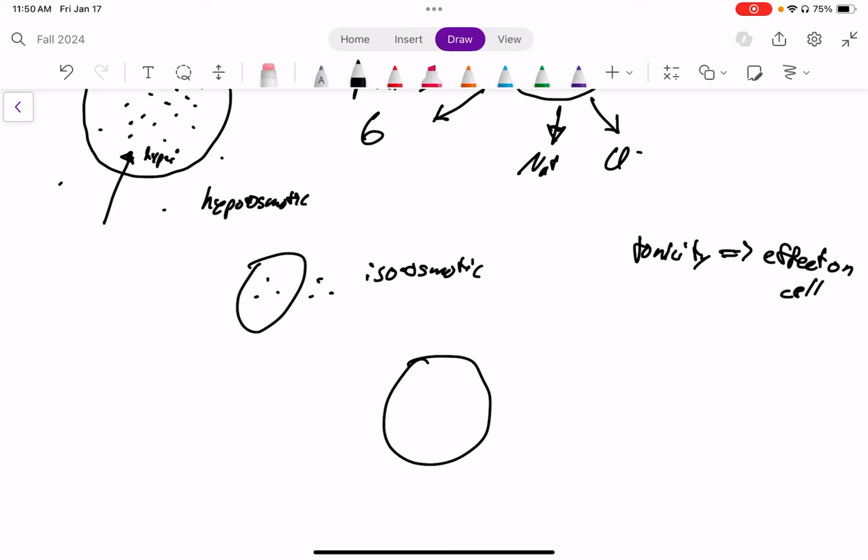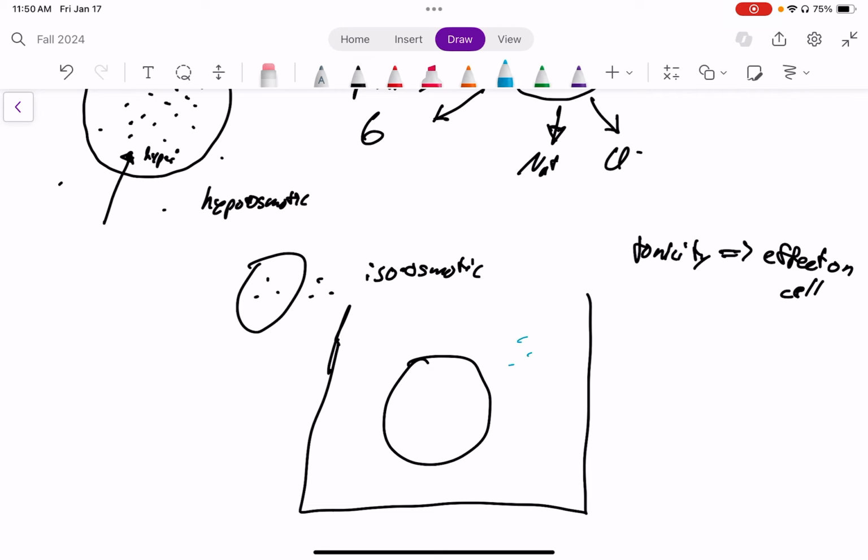For example, say we have a cell right here, and it's in solution, and there is a lot of glucose here. And then there's also a few other sodium particles here. Sodium is non-permeable, which means that it can't move. Glucose is permeable, though. So what happens is the glucose out here, because there's more outside than inside, will want to come into the cell.